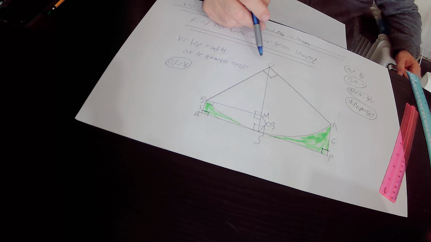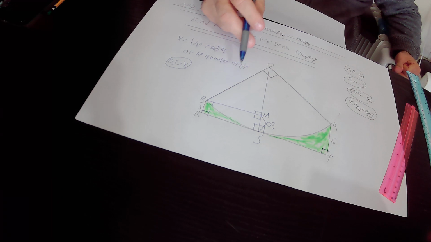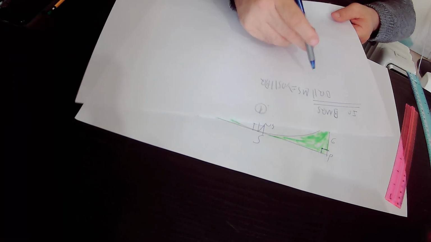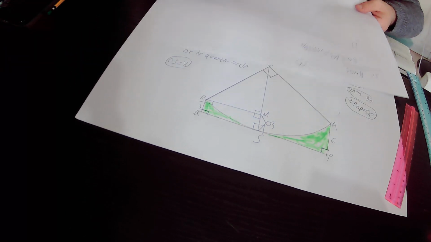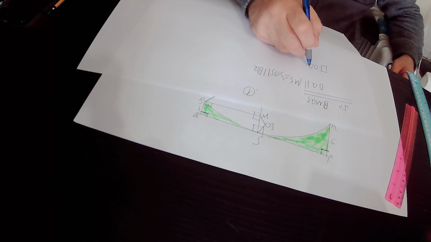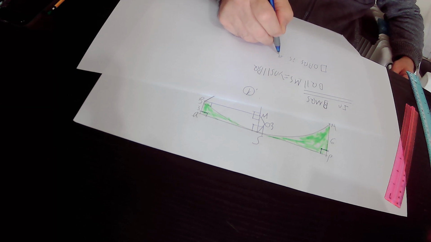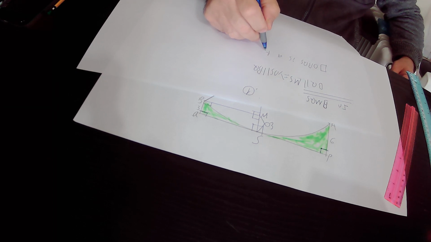Therefore, quadrilateral OBQS is a trapezoid.